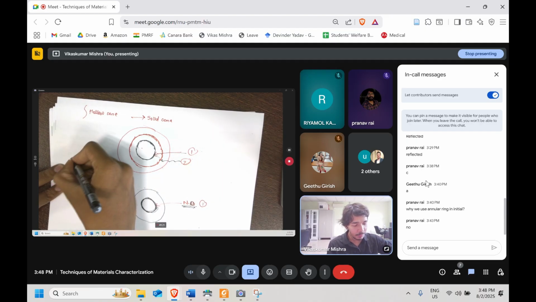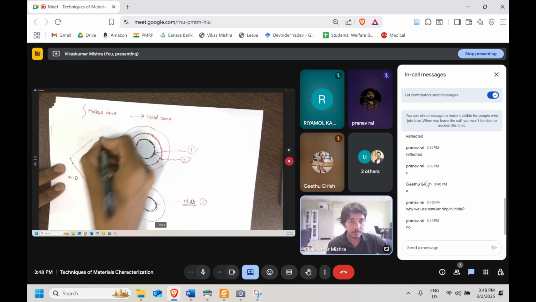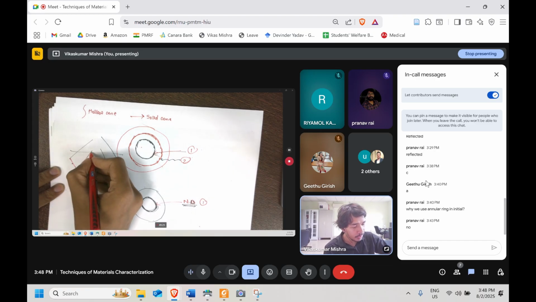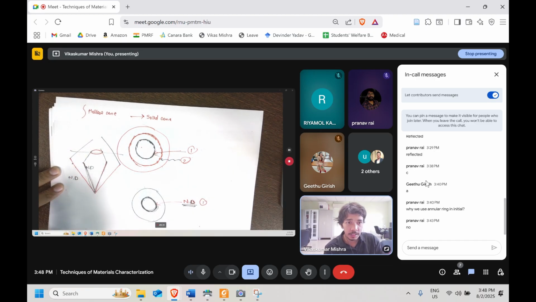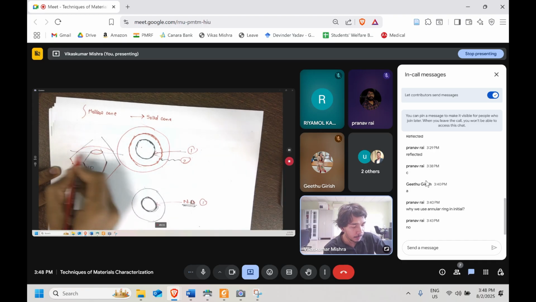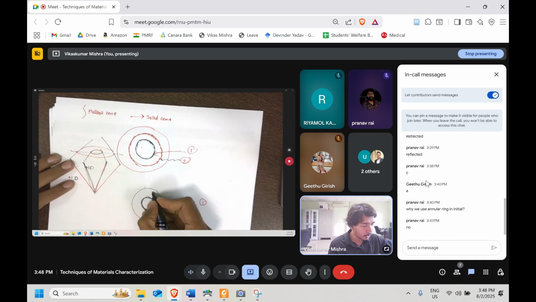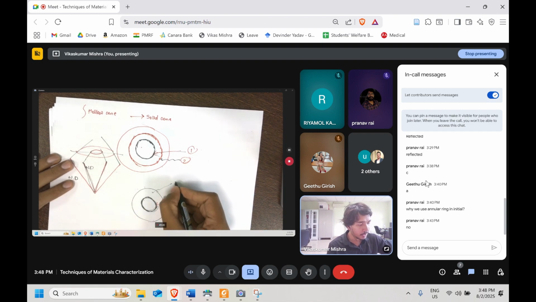See, it will have some different convergence, right? So if I take a section, this section will need this ring to pass, and this section will need this particular ring to pass. So now what is happening? This was the region which is letting the diffracted beam to pass.